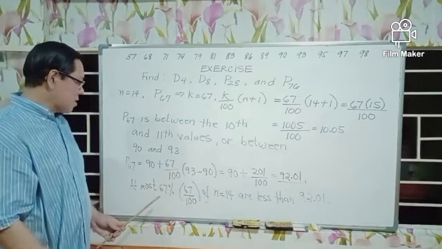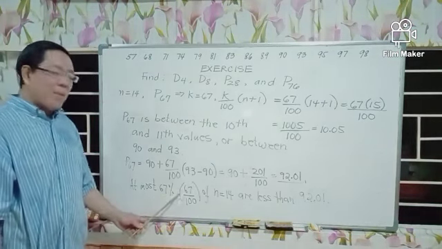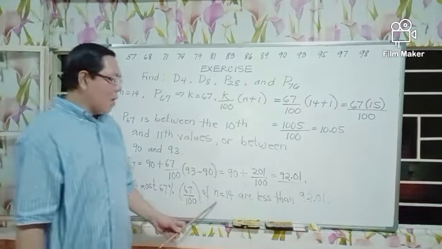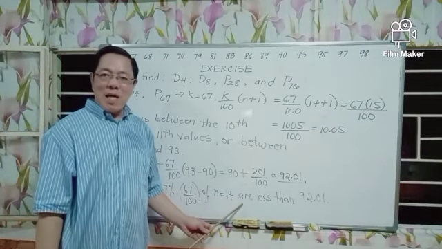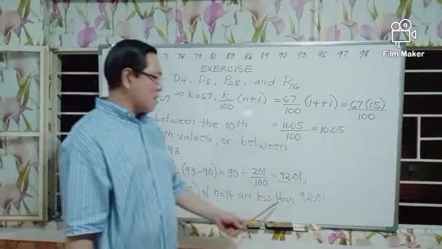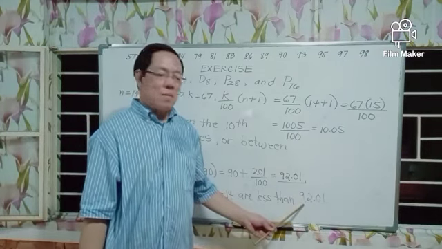At most 67% or 67 over 100 of our sample size or number of values of 14 should be less than the 67th percentile of 92.01.